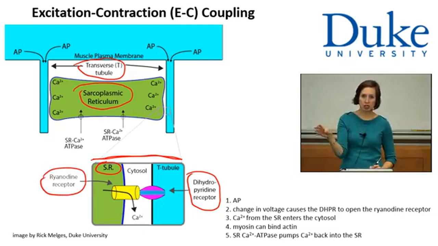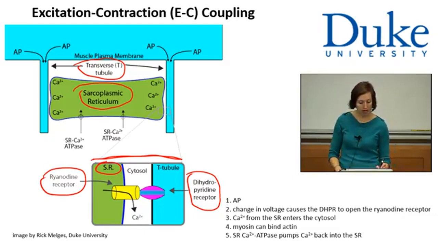So the change in conformation of the dihydropyridine receptor in response to the action potential is going to cause a change in the conformation of the ryanodine receptor, which then lets calcium leave the sarcoplasmic reticulum and enter the cytosol.